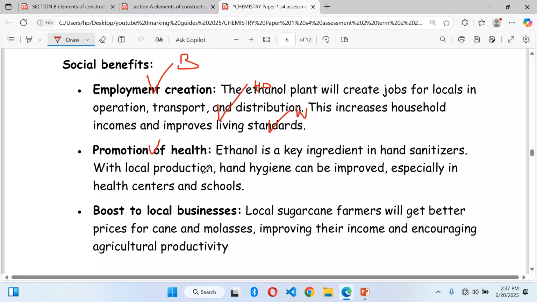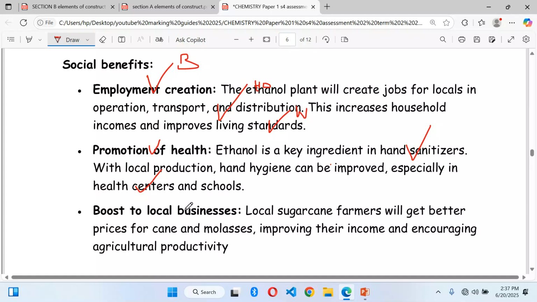With local production, hand hygiene can be improved. That is the how. Through this, hand hygiene can be improved, especially in health centers and schools. So this is going to bring about improvement. That is the why. 3 marks.